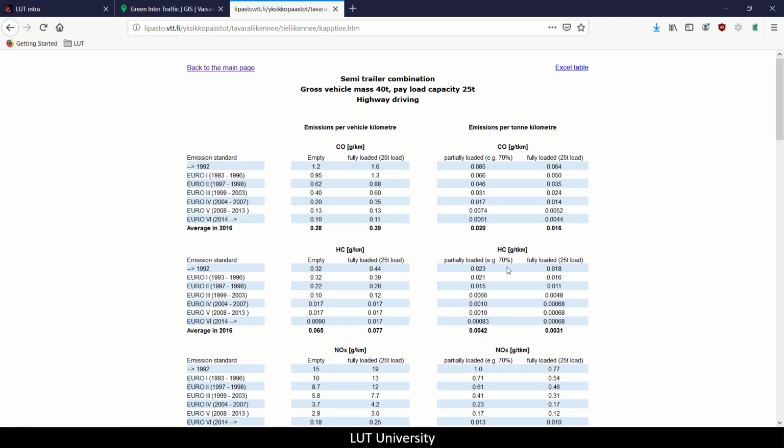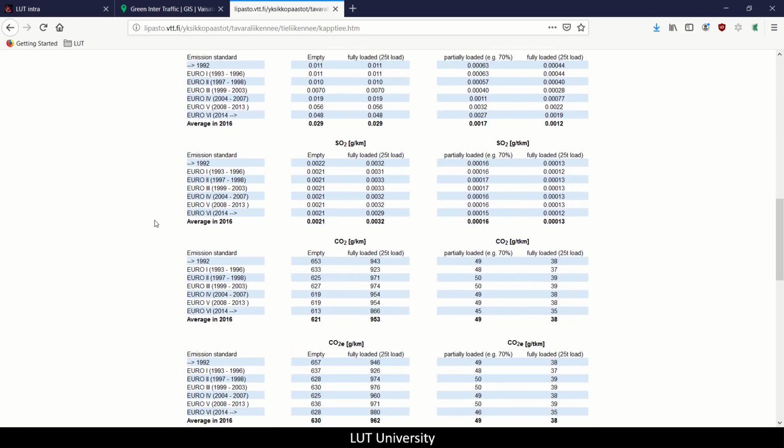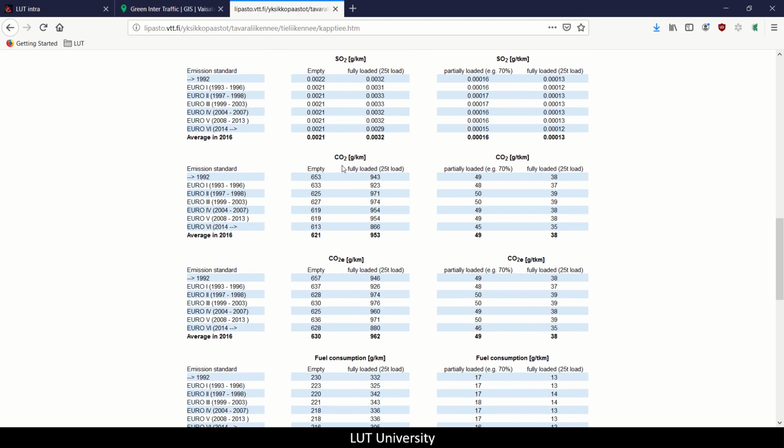So here you can see semi-trailer combination, vehicle mass is 40 tons, but we are interested in the maximum payload capacity, which is 25 tons. And here we have different emissions, and down here we can find carbon dioxide emissions, grams per kilogram and grams per kilometer.